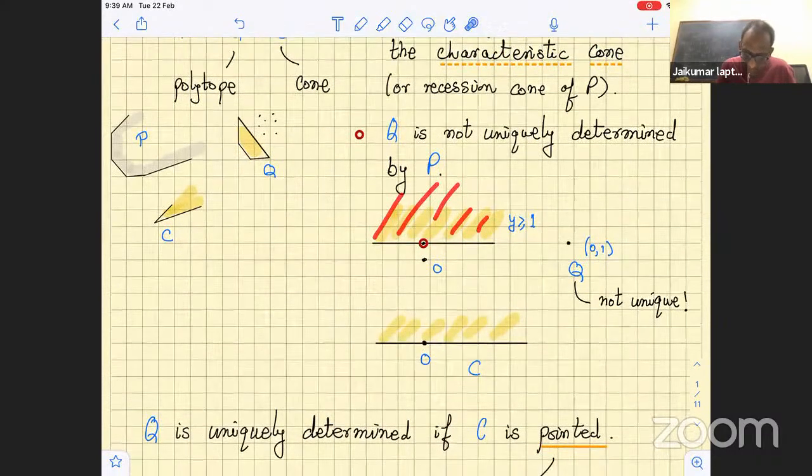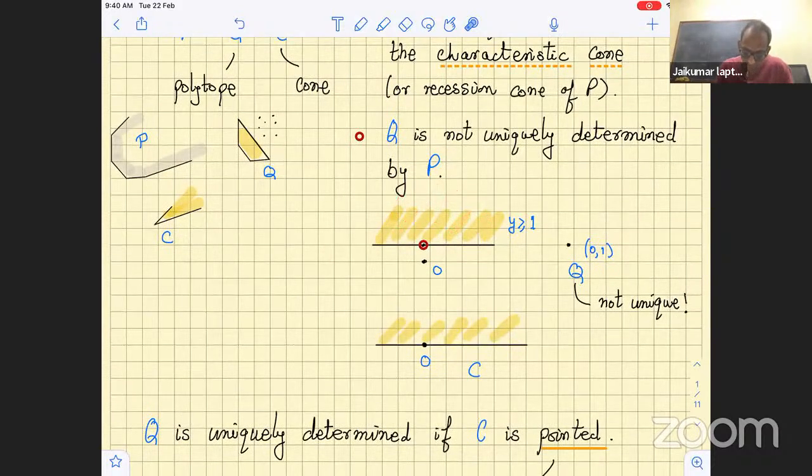And now, what is the cone? Well, you shift the same polyhedron to the origin, and that becomes your cone. So our cone in this case is this object, but the polyhedron is this cone shifted up. So this Q in this case is just this singleton point.